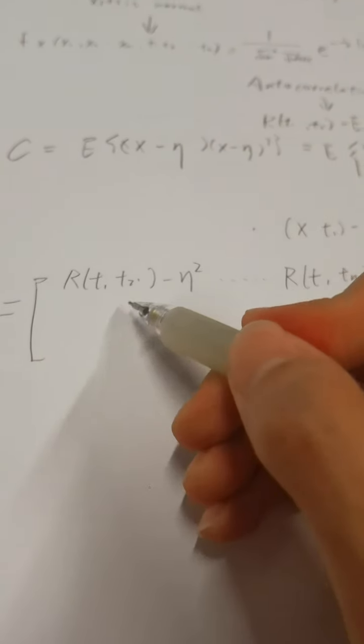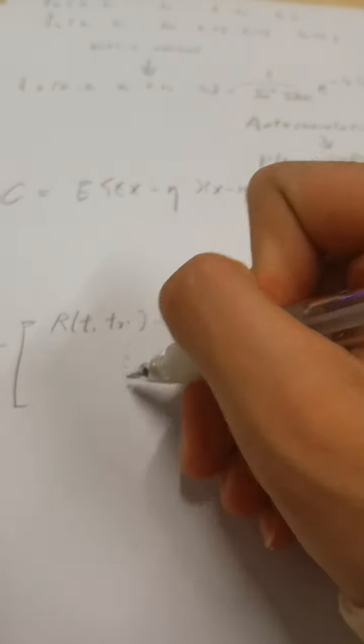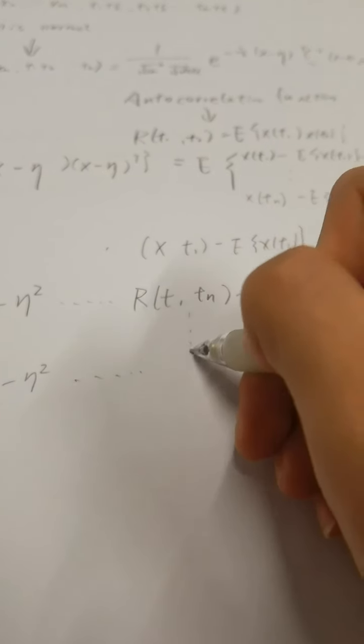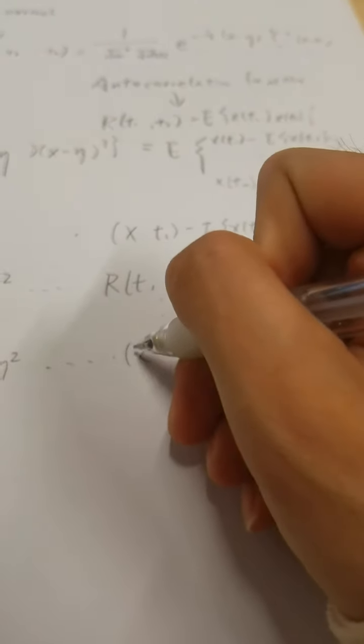And for this line, it goes until t1, tn minus this part. And for the last part, which is R(tn, tn) minus this one.